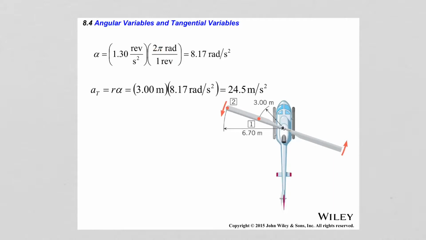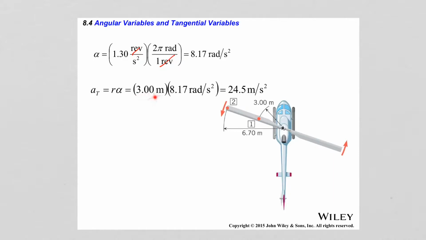The units of revolutions cancel out here as well. And then I have 1.3 times 2 times pi, that's equal to 8.17 radians per second squared. Then to find the tangential acceleration, I multiply the angular acceleration by the radius of rotation of this point.